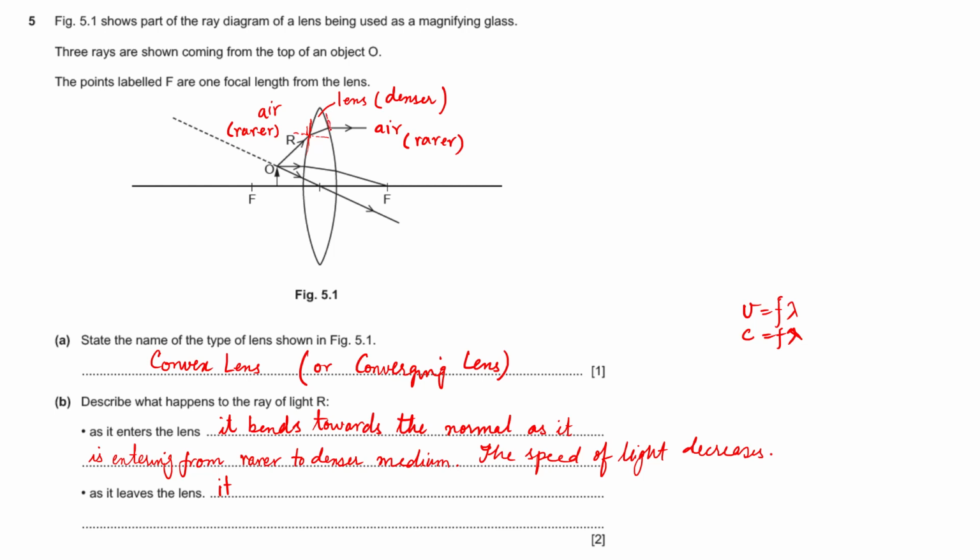So this is, say, your diagram, and this is your normal. This bends away from the normal as it enters from a denser to rarer medium.